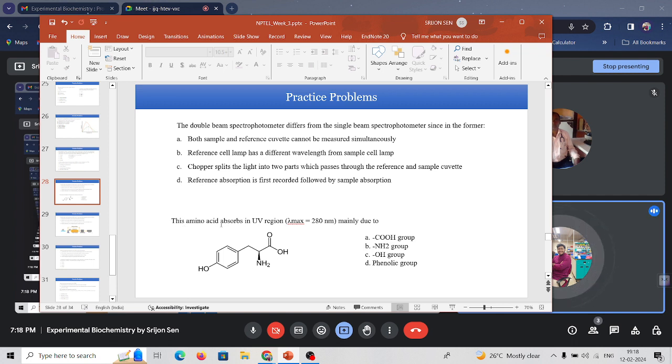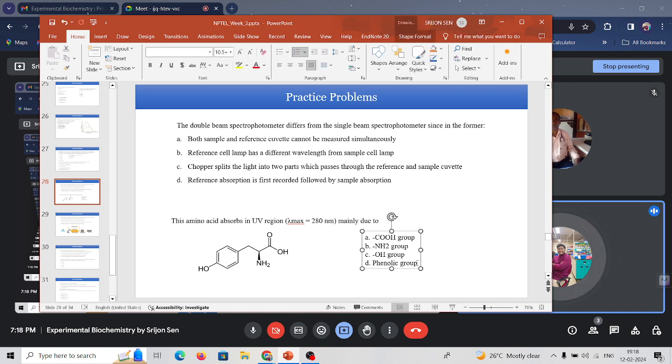This amino acid absorbs in the UV region mainly due to what? The options given are COOH, NH2, and the OH group or the phenolic group. If we think of this amino acid, it is tyrosine. So we have the COOH group, NH2 group, and the OH group.